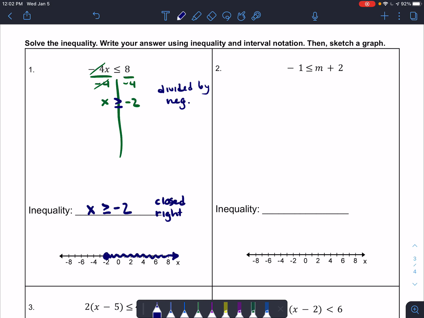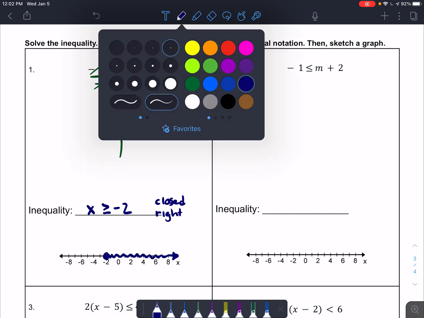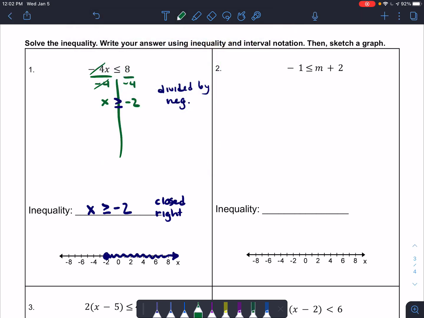Okay, let's keep going. This next one: negative 1 is less than or equal to m plus 2. To solve this one, if we go back to last unit, I would want to take away 2 from the side with m. The 2s cancel, I get m.